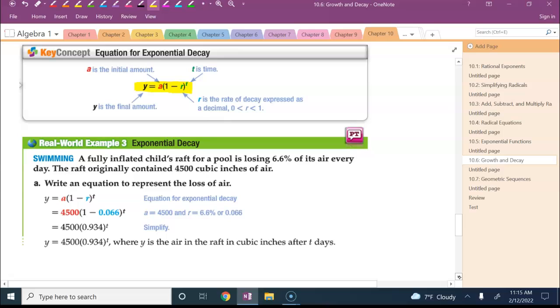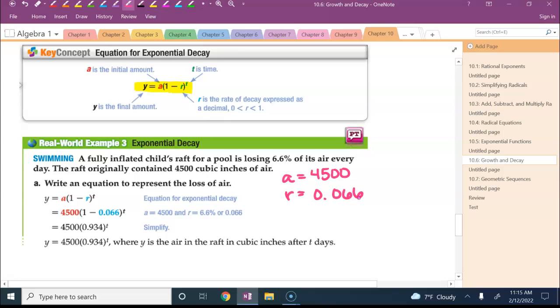For example, a fully inflated child's raft for a pool is losing 6.6% of its air every day. The raft originally contained 4,500 cubic inches of air. We first want to figure out what is an equation to represent the loss of air here. So I would identify those couple of parts from your equation. So it initially contained 4,500 cubic inches, so that would be your A. Your rate would be that 6.6%, which you divide by 100, so it would be 0.066.